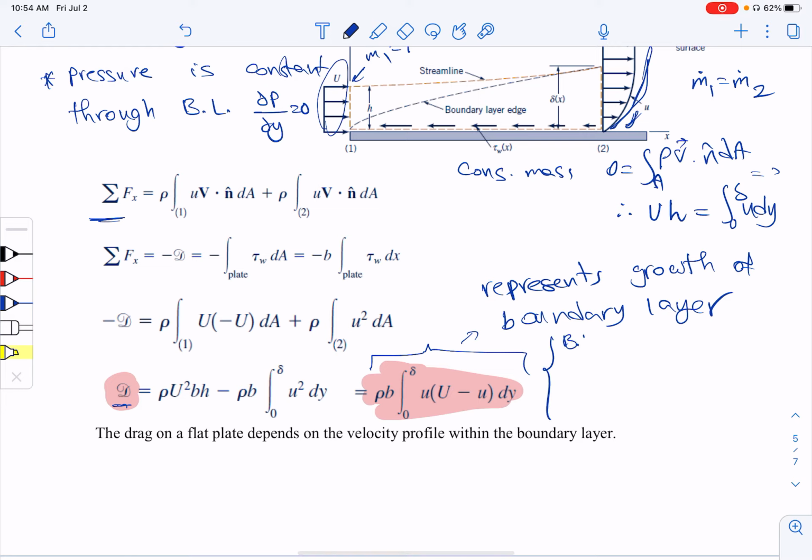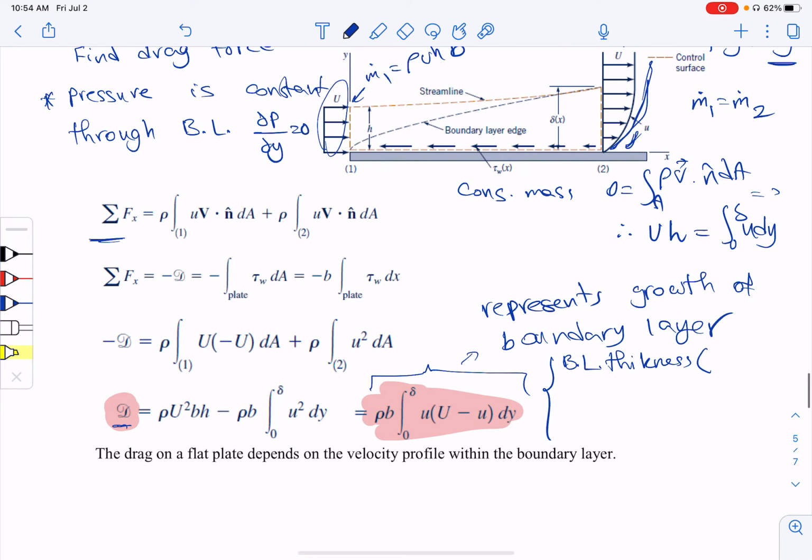So the boundary layer thickness, delta, increased along the plate, and then the shear stress decreases along the plate.